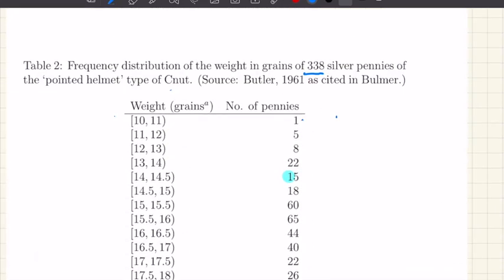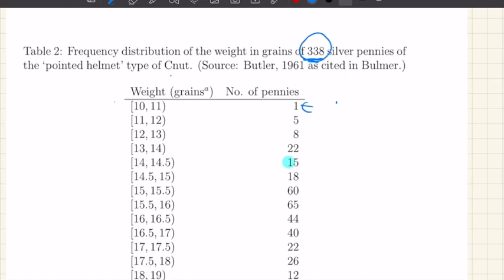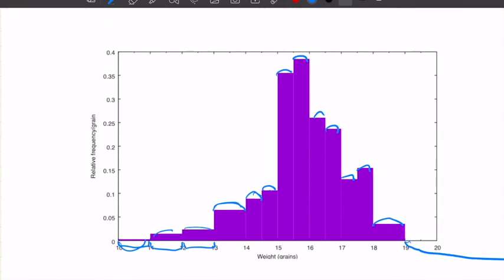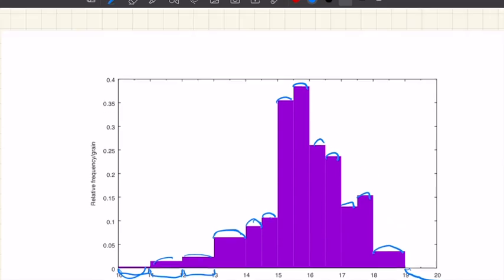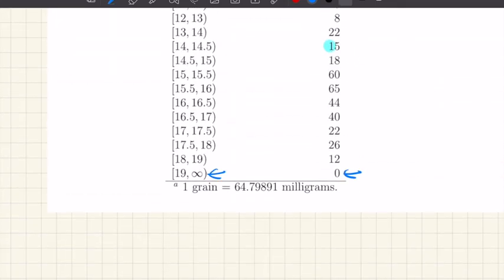If we divide these numbers by the total number of pennies, do we get the height? For example, let's pick the largest number here, 65.